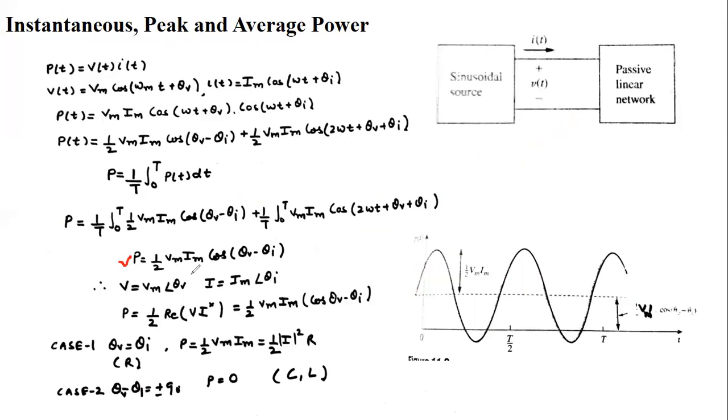So always remember the maximum value in the circuit is Bm Im by 2, and it is representing the RMS. Okay. So if Bm is the peak value, then Bm by root 2 is representing the RMS value, and if Im is the maximum current, then Im by root 2 is the RMS current.